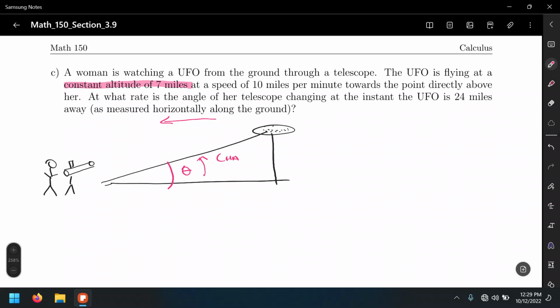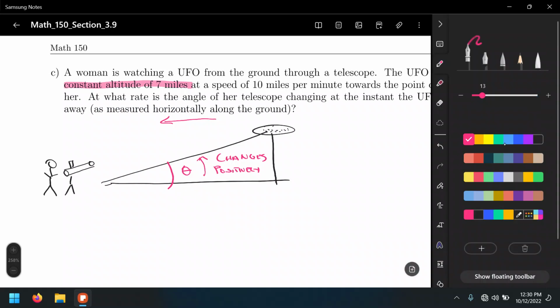Now, what would be the sign? Let's start analyzing the values and the variables here. So what would be the sign of the change in the angle? Positive or negative? So it changes positively, right? And since the ship is getting closer to the woman who's watching it, how is this distance changing?